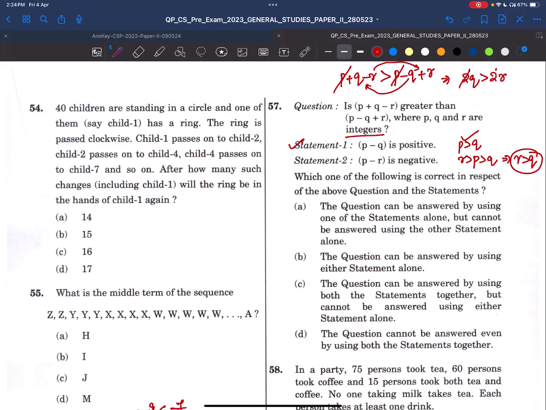Right? 2 also gets cancelled. Q greater than R. But see, according to the statements, R is greater than Q. And the equation given in the question is asking whether this is greater than this or not. No, we are getting Q greater than R, no. So the question is false.